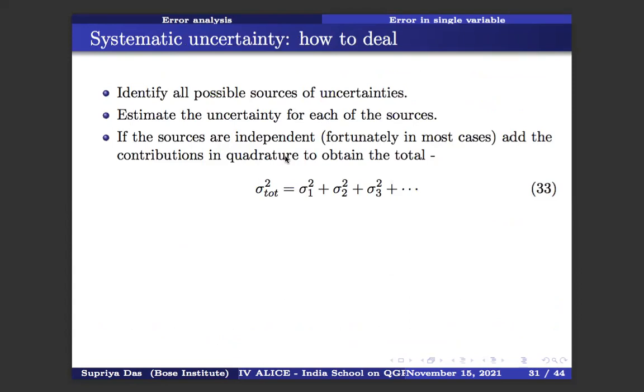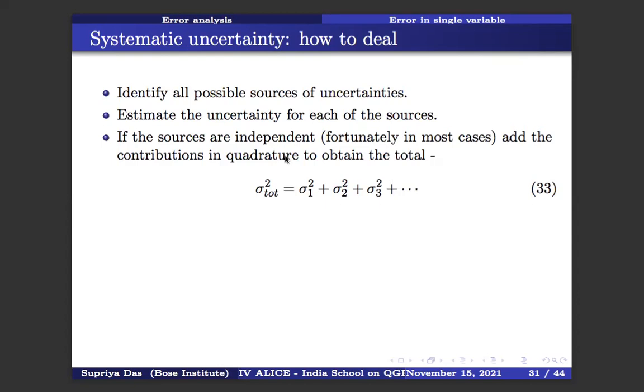First, let us discuss the systematic uncertainty. And you see, there is not much to discuss because this is very straightforward. You cannot do much of it. So you just identify all possible sources of uncertainties. For example, one source, as I said, is the calibration.